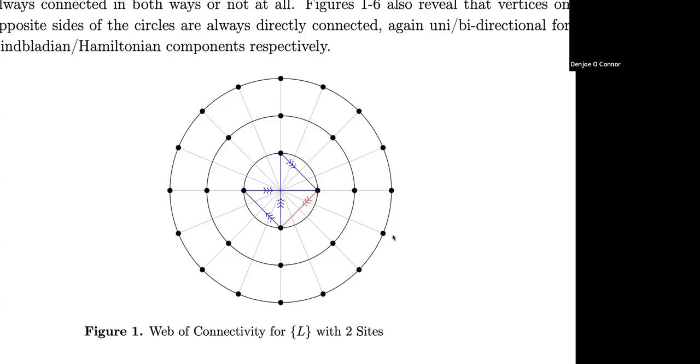And so, depending on the Hilbert space dimension, you of course get higher and higher numbers of vertices. And so you draw those vertices.